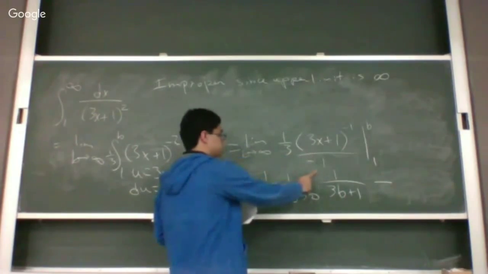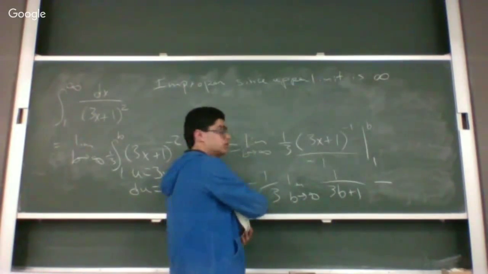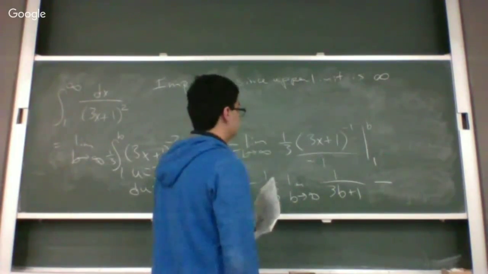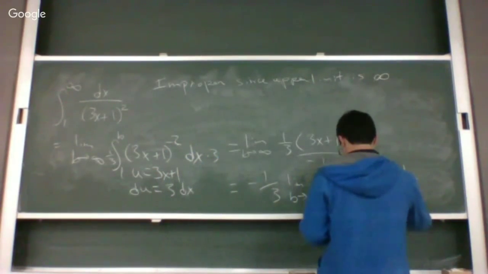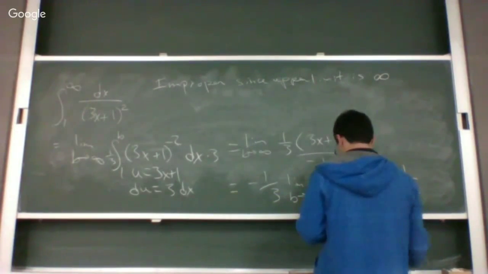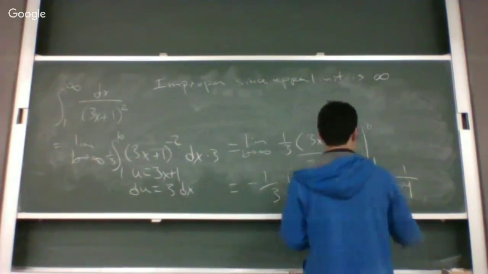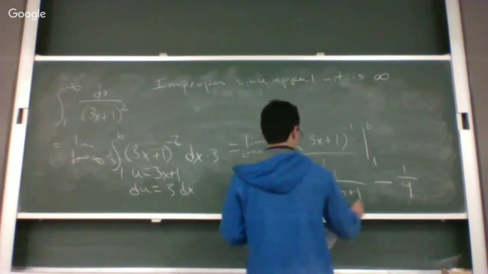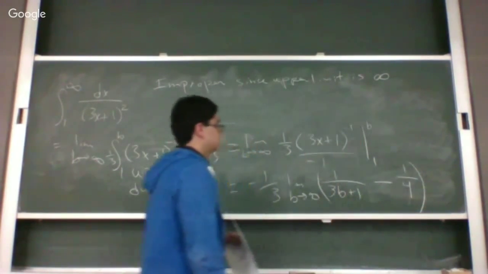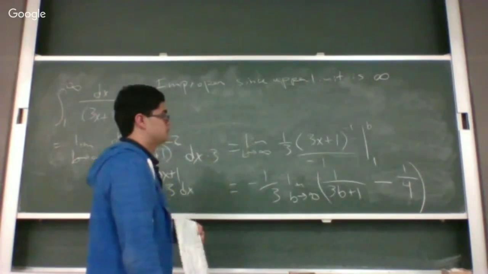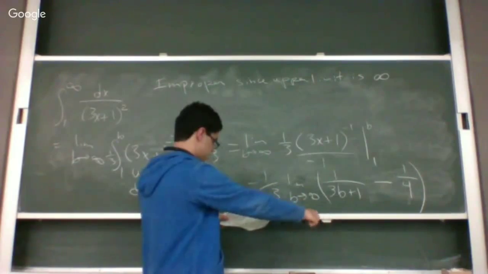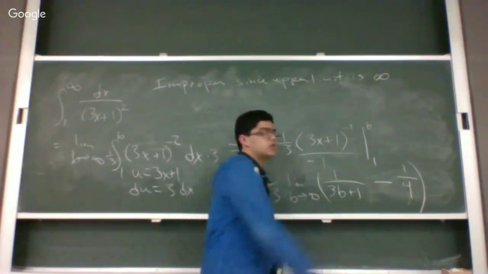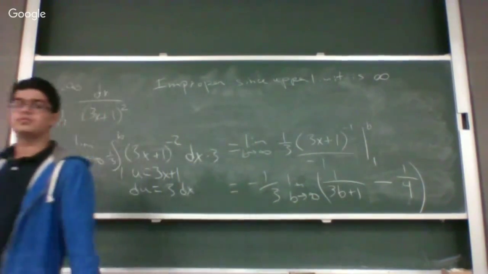This negative 1, we pulled it out, make it a negative 1/3. So then we would have 1 over 4 here. And then you show that this goes to 0 and solve it.